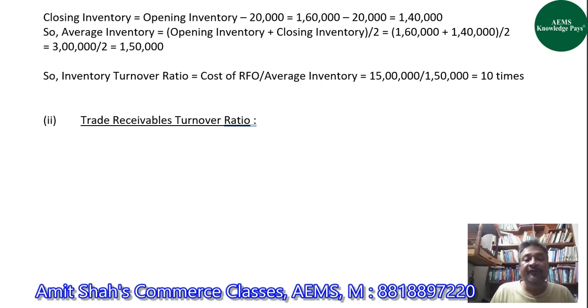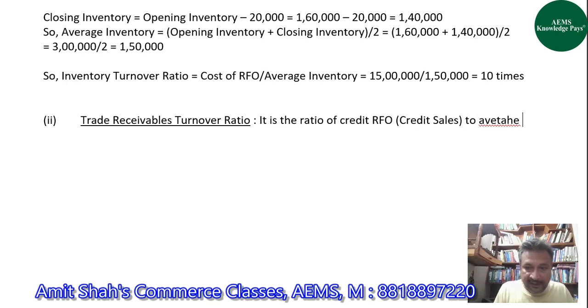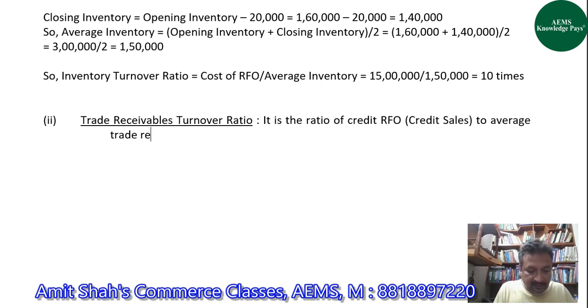So it is the ratio of credit revenue from operations, that is credit sales, the sales that the business has done during an accounting year on credit, to average trade receivables.